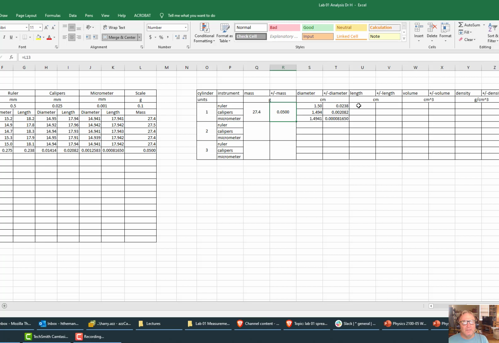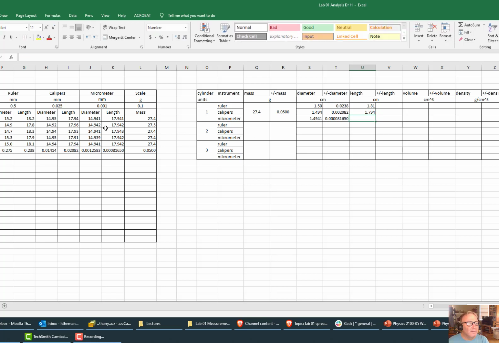It's repetition. All right. So this is the length equals ruler length here divided by 10 equals caliper length. Here it is, divided by 10.